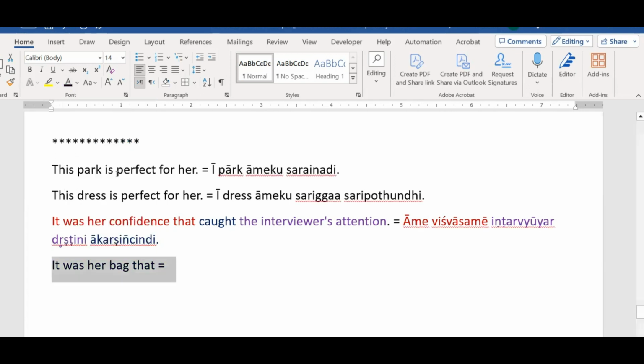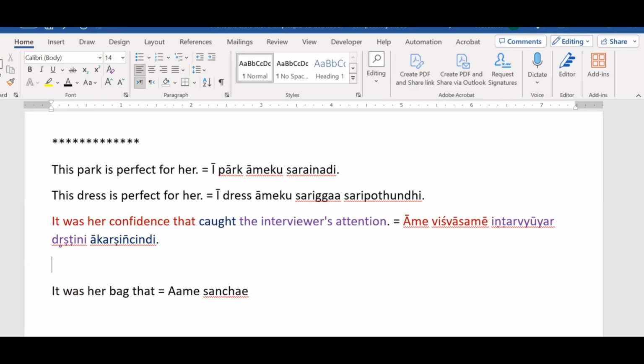Can you try, Andy? It was her bag that. The related sentence can be anything, but we focus only on this small structure first. "Ame" bag means "Ame sanche". Sanche means bag.